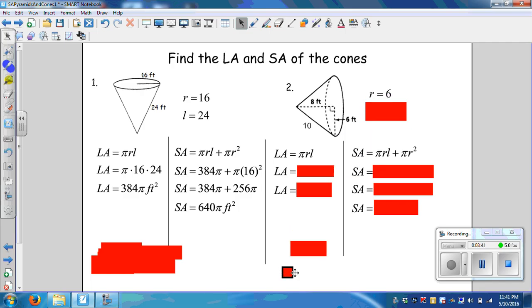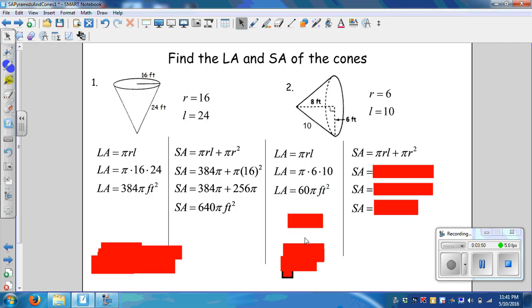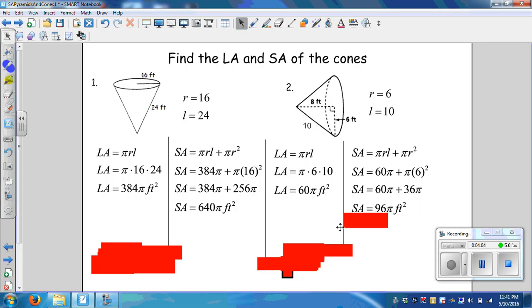So your radius is 6, and your slant height is 10. Lateral area, pi RL, pi times 6 times 10 is 60 pi feet squared. Surface area, the pi RL is the 60 pi plus the pi r squared, filling in r with 6. So we have 60 pi plus 36 pi, which is 96 pi feet squared.